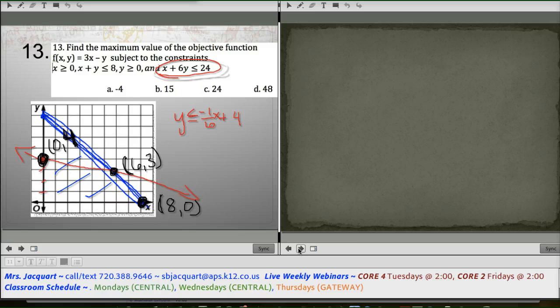So I'm going to plug all those in. I'm going to use the other board over here. So I have 3x minus y. If x is 0 and y is 4, then I have 0 minus 4 equals negative 4. So that was one option. If I have 6 and 3, then I get 18 minus 3, which is 15.